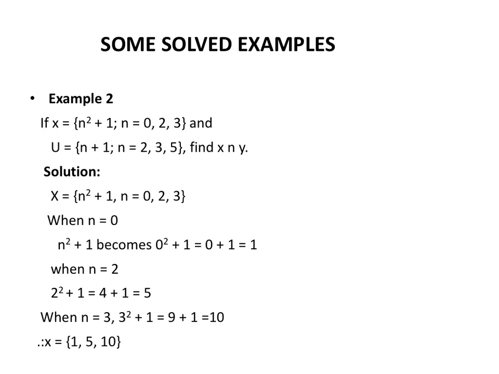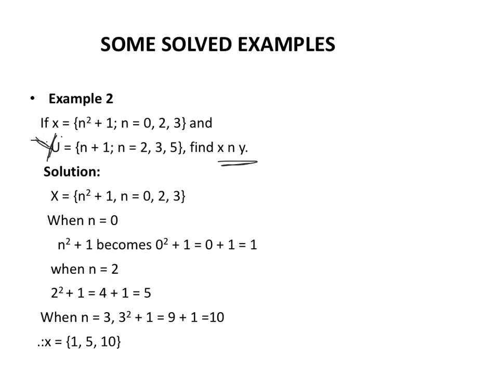We also find the elements in set Y when n is equal to 2, 3, 5. Now we are asked to find X intersection Y. I think we got it mixed up there. This is Y, sorry, set Y, not U. So we have to find X intersection Y.